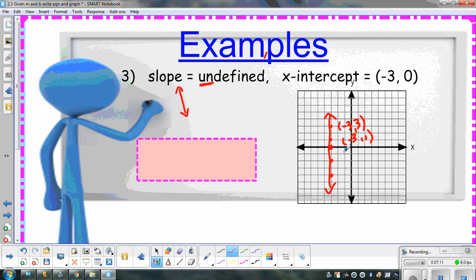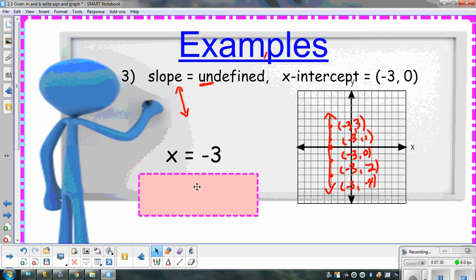This is the point negative 3, 0. This is the point negative 3, negative 2. And our final one that I drew was negative 3, negative 4. All of these points have one thing in common, and the thing that it has in common is the x value is negative 3.